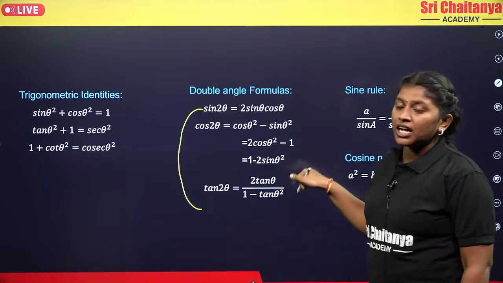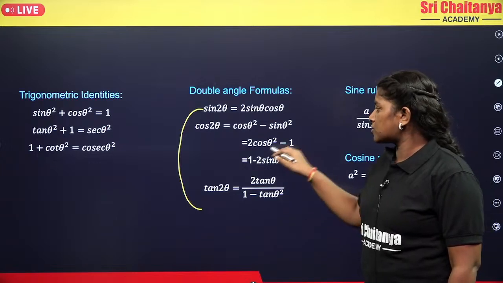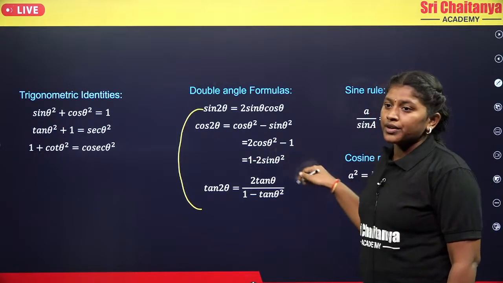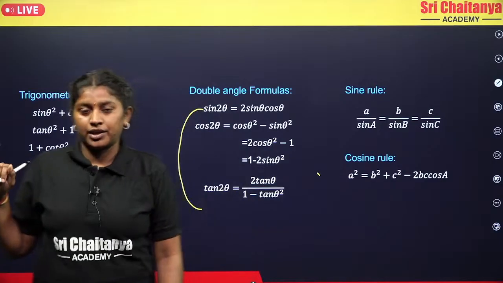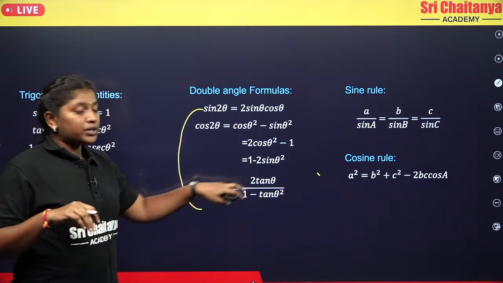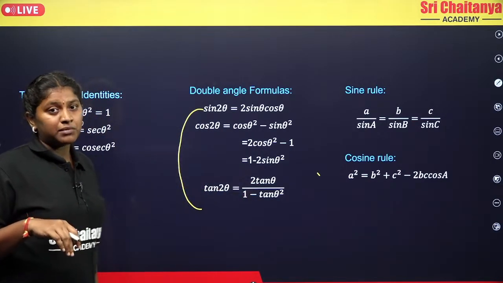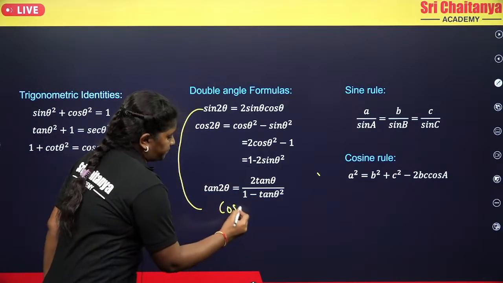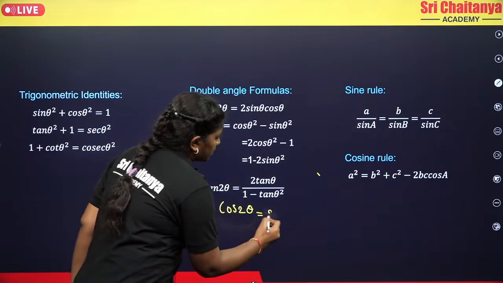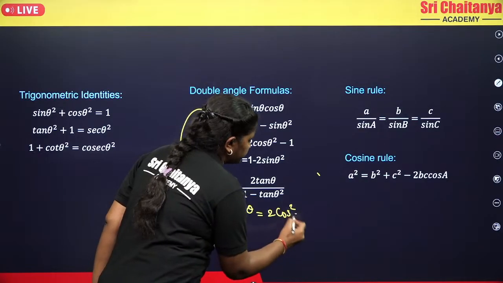We have other forms for cos 2 theta also: 2 cos square theta minus 1, and another one is 1 minus 2 sin square theta. Coming to the next, tan 2 theta is given by 2 tan theta by 1 minus tan square theta.